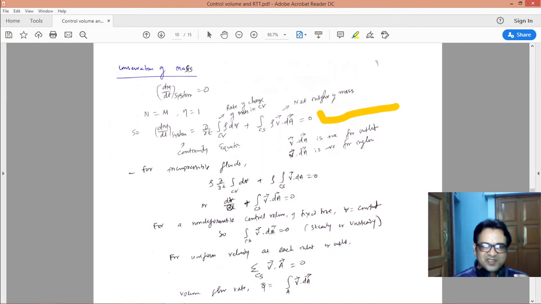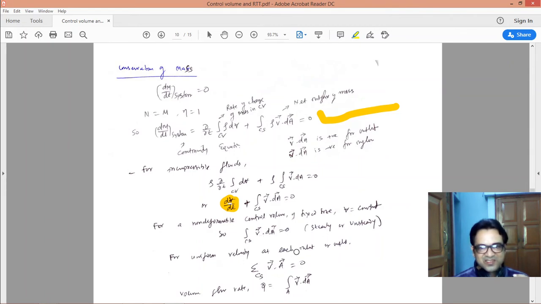If it's a non-deformable control volume, in our analysis the control volumes are of fixed size, so the volume does not change and this term becomes 0. So only the surface integral of the velocity vector and the outward normal area vector remains: v dot dA equals 0.